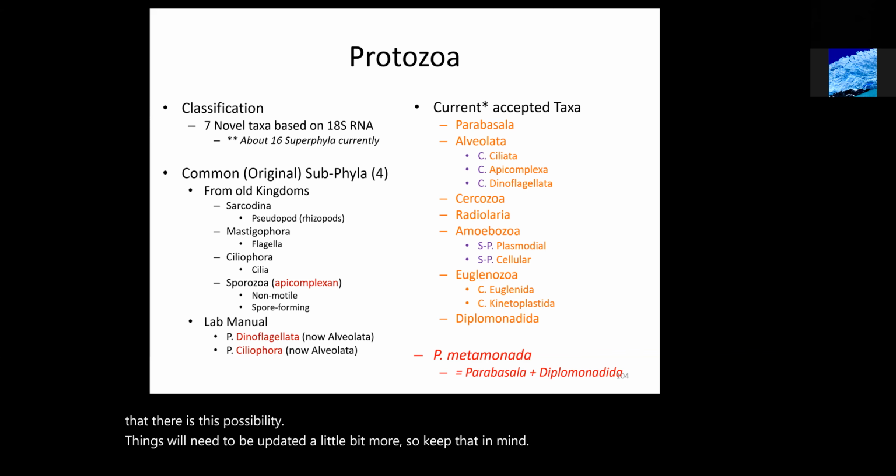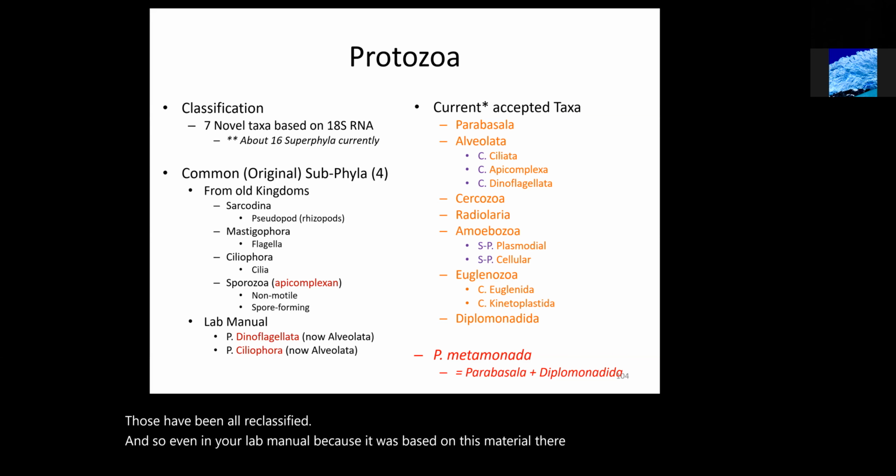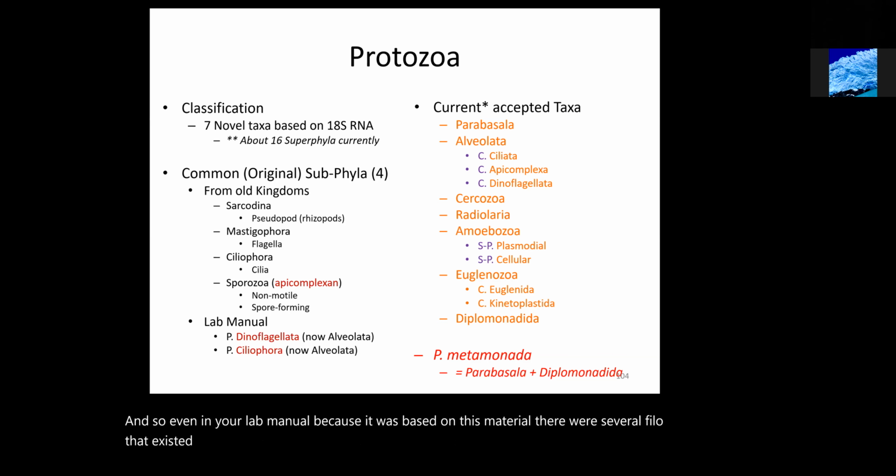Now, the original 4 that your book even lists are based on those old kingdoms we talked about before. The idea of protozoa fell under 4 groups called Sarcodina, Mastigophora, Coelophora, and Sporozoa. Those have all been reclassified. Even in your lab manual, because it was based on this material, there were several phyla, like the Dinoflagellates and the Coelophores, that no longer exist and have been reclassified as well.